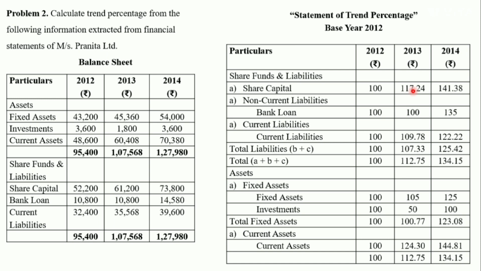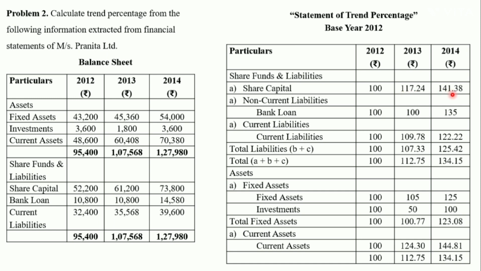How can I calculate? See, 61,200 divided by base year figure for share capital, 52,200, into 100. That means 61,200 divided by 52,200 into 100 will give the trend ratio for 2013 for share capital.